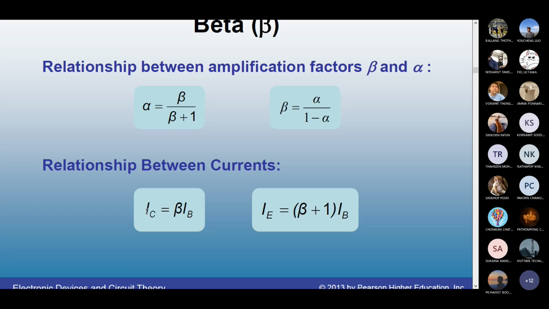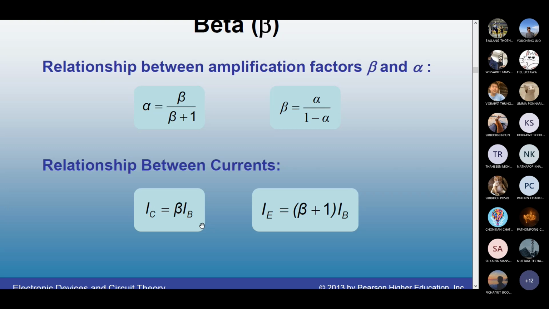Other important relationship, IC is beta times IB. Always remember, this is crucial. You have to remember. Collector current is beta times base current. If you have, say, 20 microamp base current and your beta is 90, so IC is almost 100 times larger than your base current. If you don't have any IB, you will not have any IC.